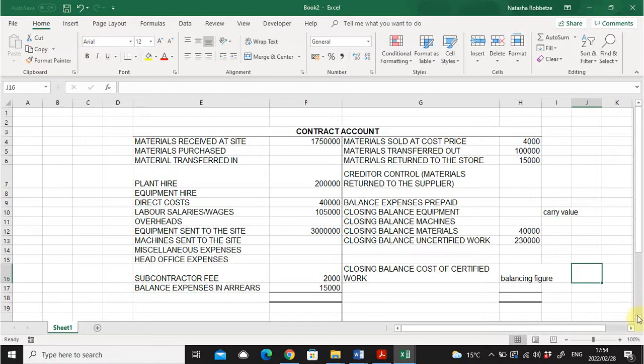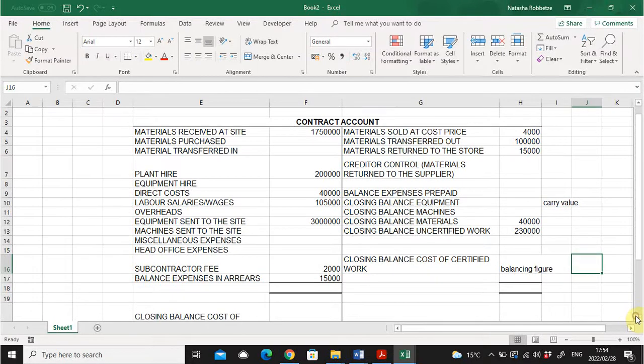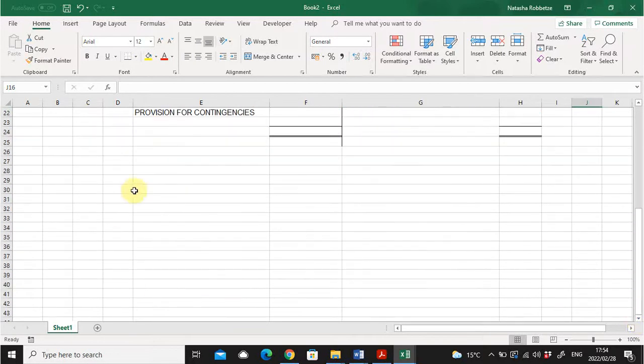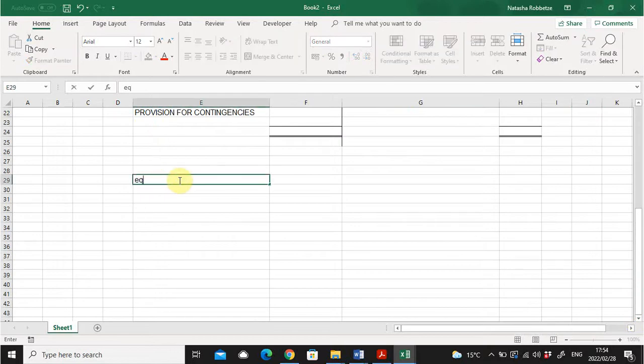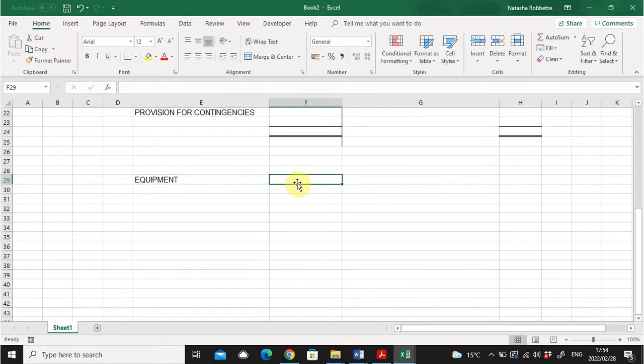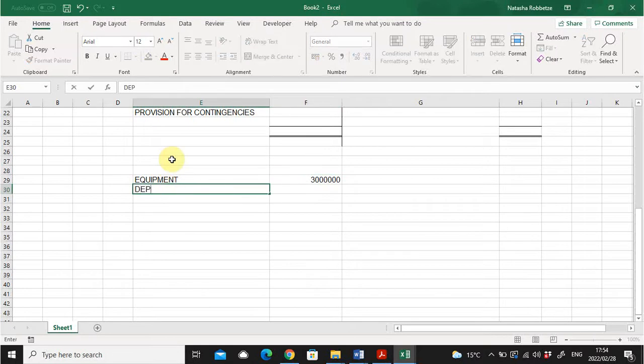So what I will do is I'm just going to scroll down and then I will do a calculation. So if I look at the equipment, it had a cost price that was sent to the site of 3 million rand. Then we need to go and calculate the depreciation.